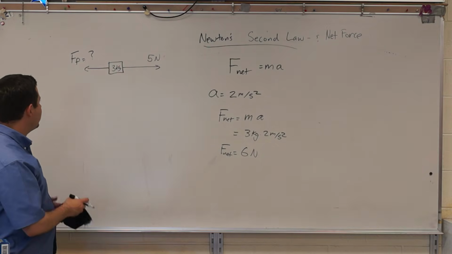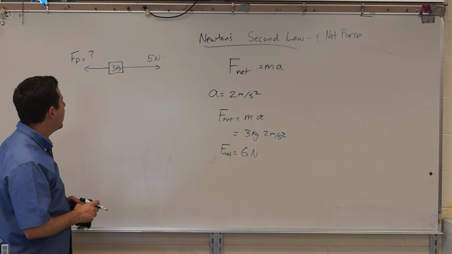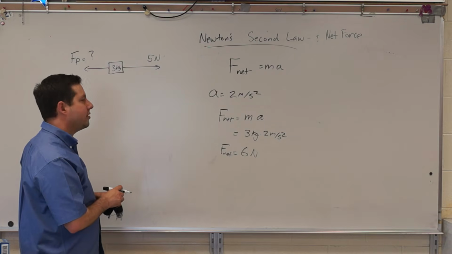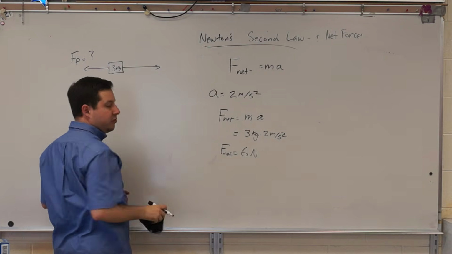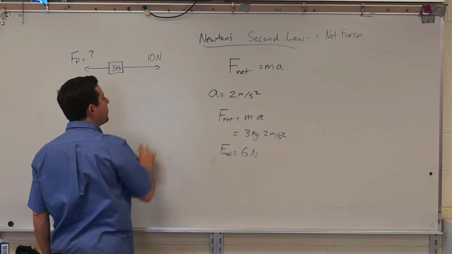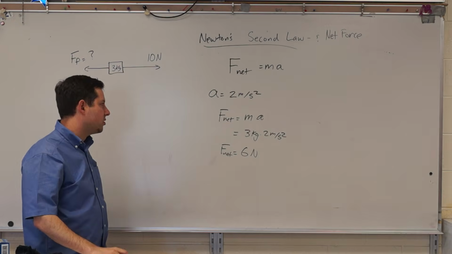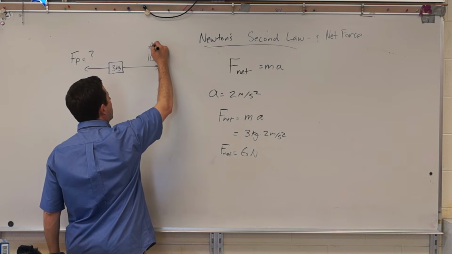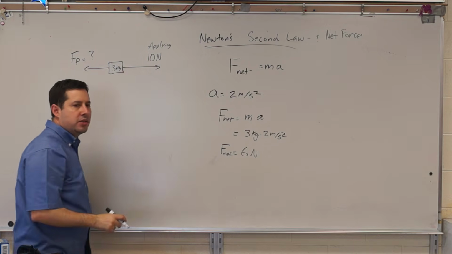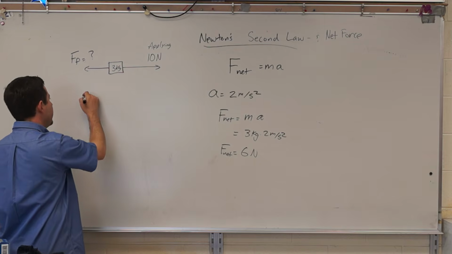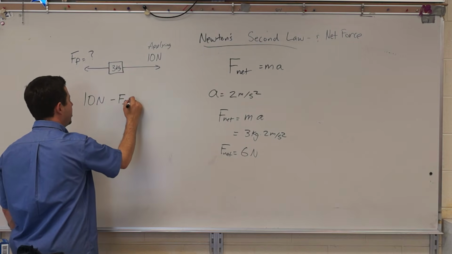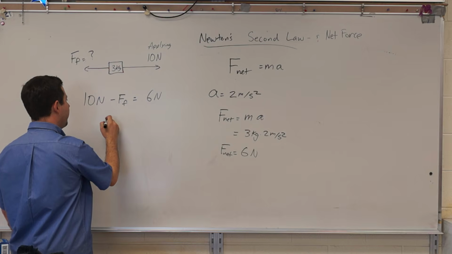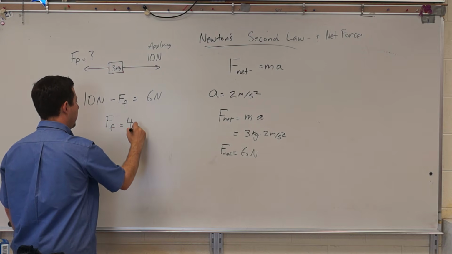So if the net force is 6 newtons, oh, there's a problem right here. I can't have 5 newtons to the right and some number of newtons to the left, because that can't reach 6. So maybe instead of pulling on it with 5 newtons, I pull on it with 10 newtons. And I know the acceleration is 2 meters per second squared. I'm applying 10 newtons to the right. What's the frictional force? Well, we know that 10 newtons to the right minus your force of friction has got to equal 6 newtons, based on the acceleration of the mass. So therefore, your force of friction has got to equal 4 newtons.